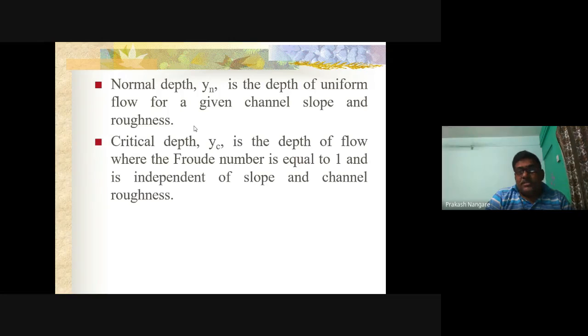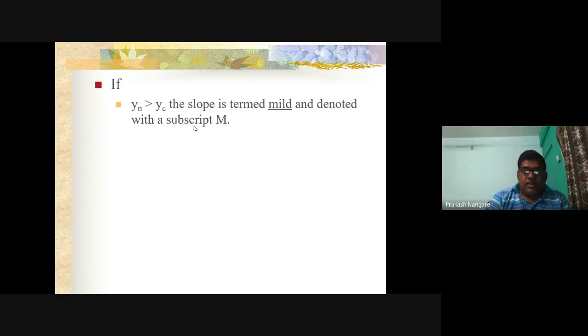Critical depth yc is the depth of the flow where the Froude number is equal to 1 and is independent of the slope and the channel roughness. Then certain classifications over this gradually varied flow.